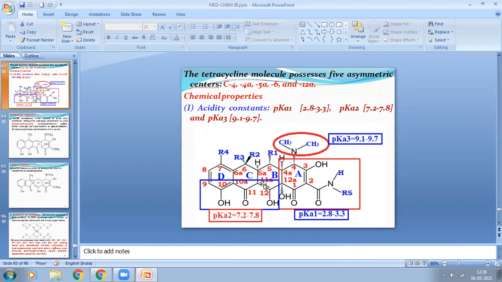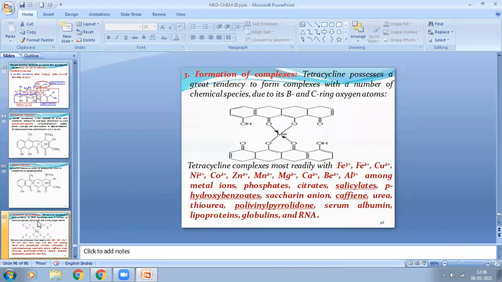Here the oxygen is in the form of a ketone, and here this oxygen is present in the form of a hydroxyl group. So due to this, it has a tendency to form a complex, because oxygen or OH, they are electronegative atoms, they can form a coordinate covalent bond.